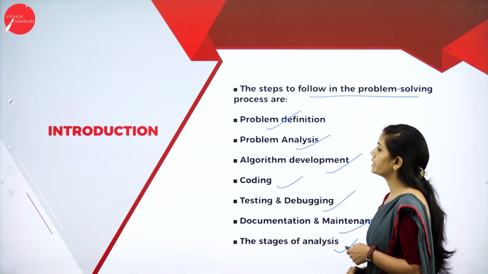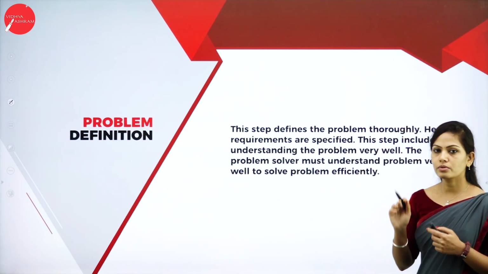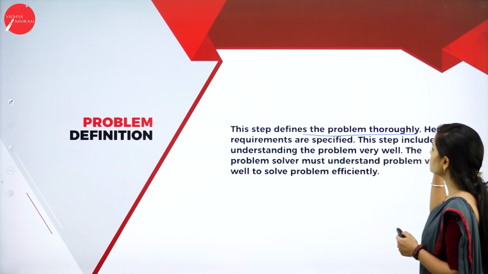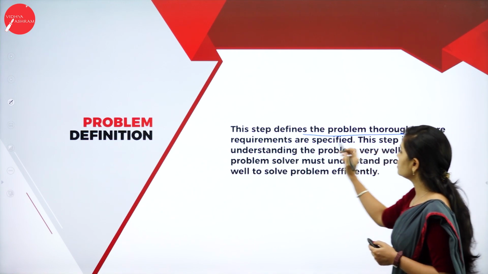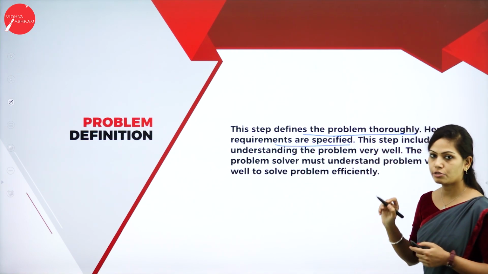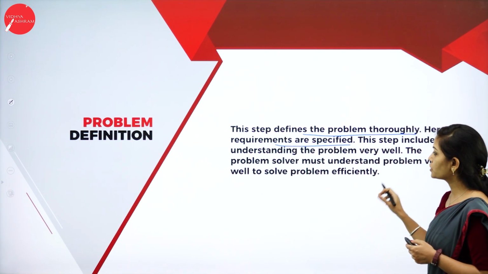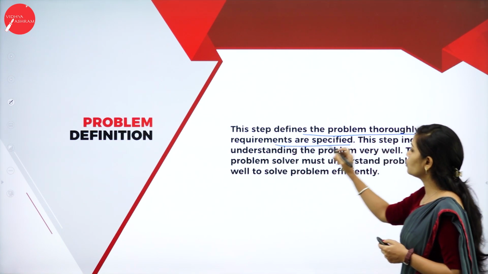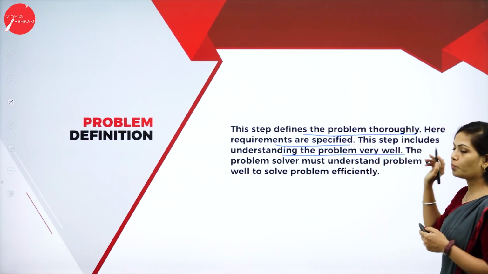So, problem definition. In problem definition, this step defines the problem thoroughly. Here, requirements are specified. In problem definition, we have to observe all the requirements. This step includes understanding the problem very well.